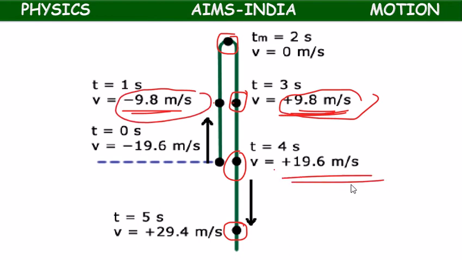Here 19.6, here minus 19.6. Here 29.4, and if it comes here, it will become minus 29.4. At the top the velocity is 0, and for 0 there is no plus or minus.